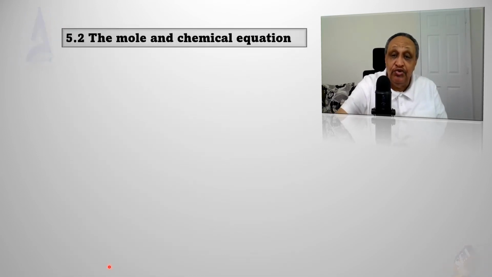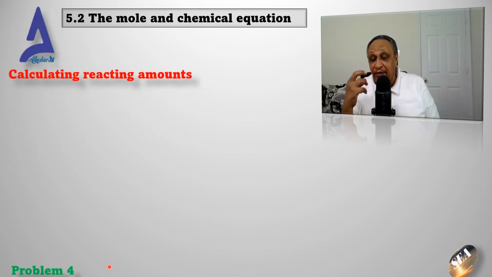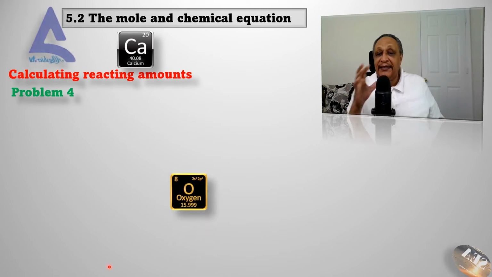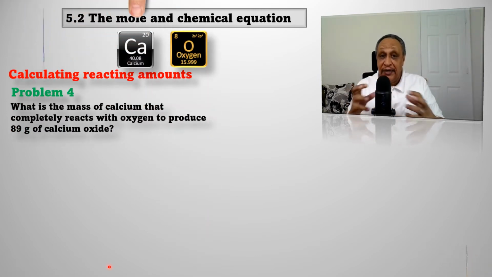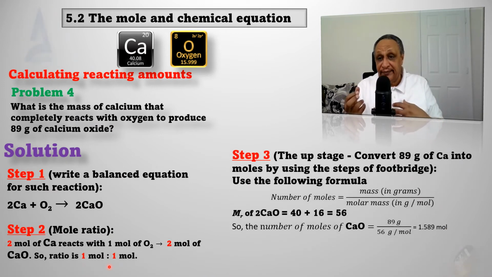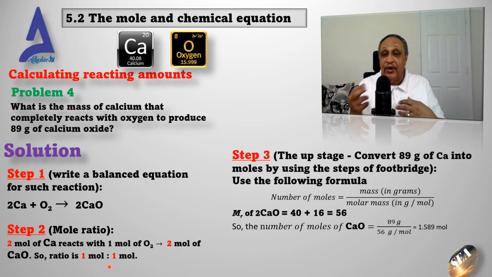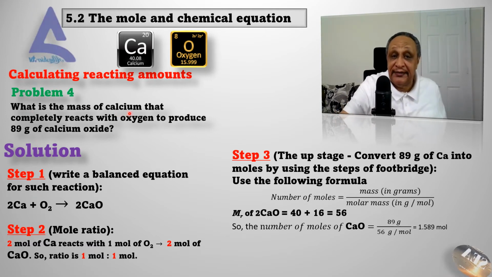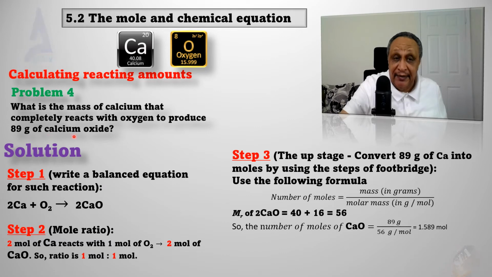Now, in this fourth problem, I would like you to pay attention to it, because understanding the problem and what is going on and the wording is halfway to solving it. Okay, so what our problem says is: what is the mass of calcium that completely reacts with oxygen to produce 89 grams of calcium oxide.